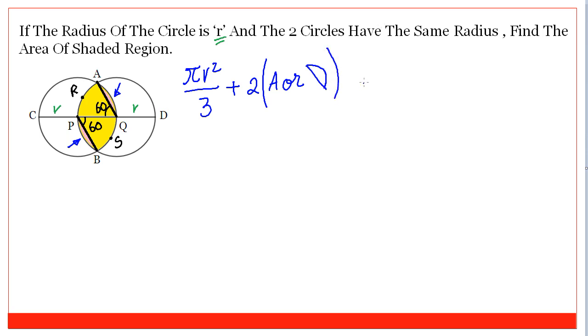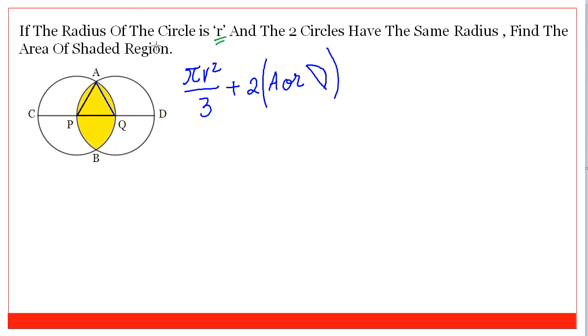For this I'm going to modify the diagram again so that you have a better understanding. Okay, now I have modified the diagram as you can see on the screen. I again write that these lengths are R. This angle is 60 degrees, which I told you, because APQ is an equilateral triangle.